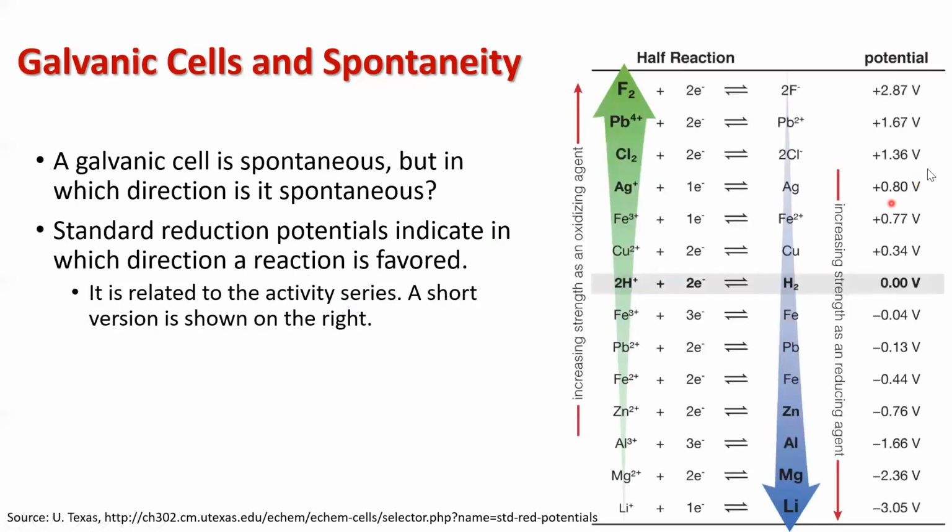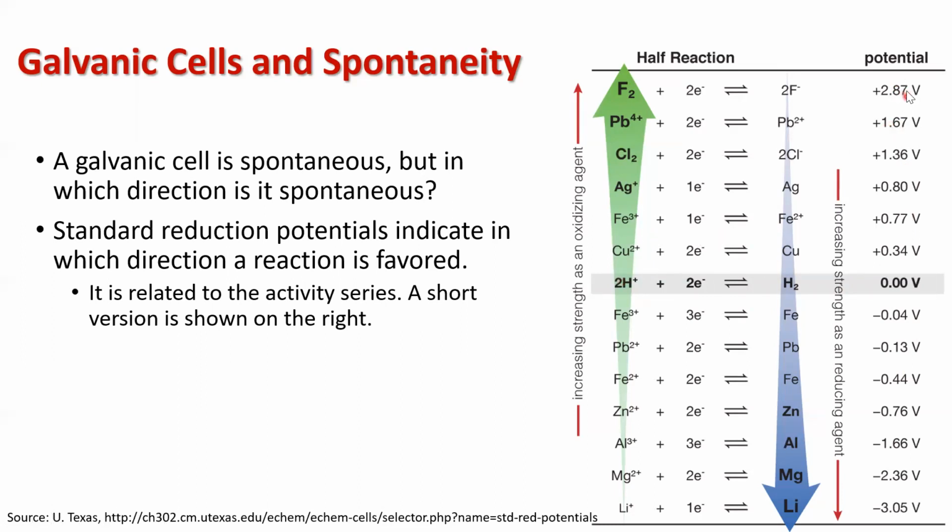So what we have here is a short, abbreviated activity series or a reduction potential table. It lists various substances and they're gaining electrons. So these are all written as reduction half reactions. And we're given the potential for this reaction to take place.